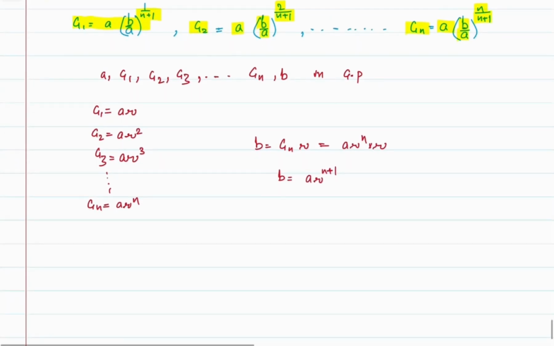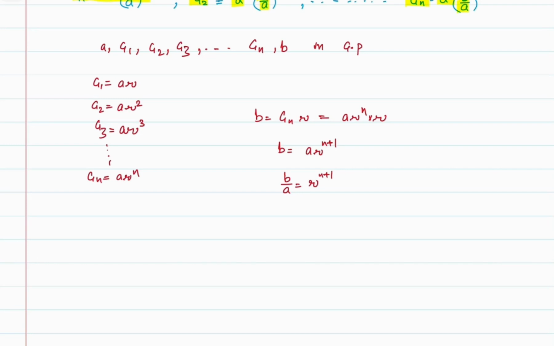Now when we divide by a on both sides, we get b by a equal to r power n plus 1. Now when we take power 1 by n plus 1 on both sides, this becomes (b by a) power 1 by n plus 1 equal to (r power n plus 1) whole power 1 by n plus 1.